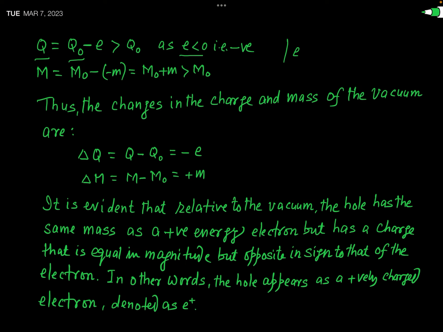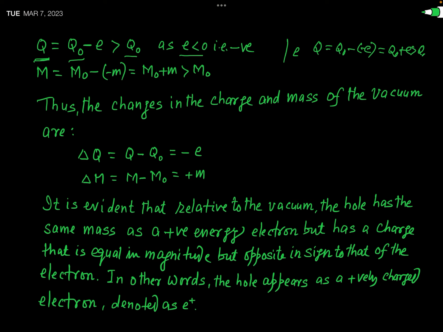And if it is plus, then the value of Q will be greater than Q₀. Are you getting the things or not? Since e is negative, Q equal to Q₀ minus e will be equal to Q₀ plus |e|. So this is greater than Q₀.